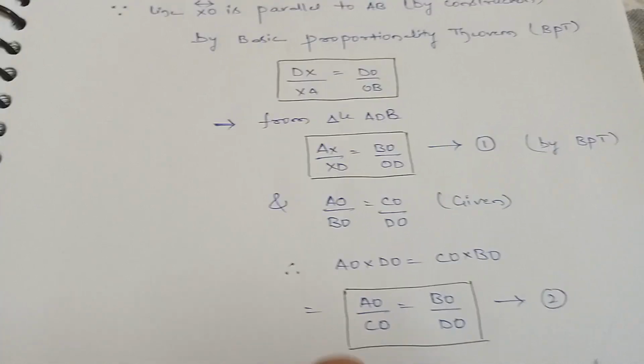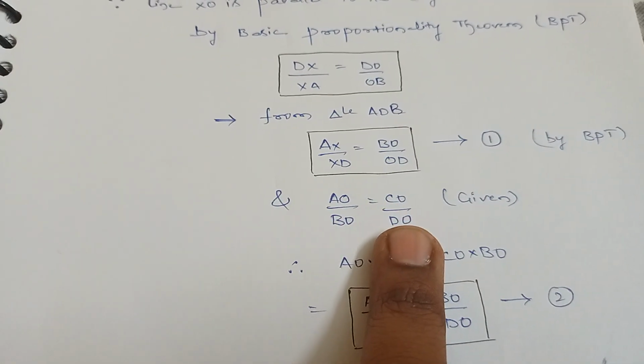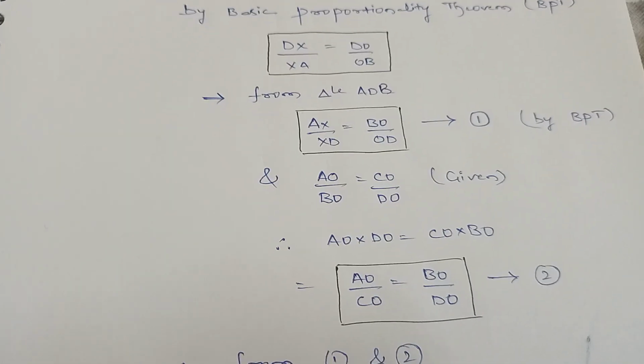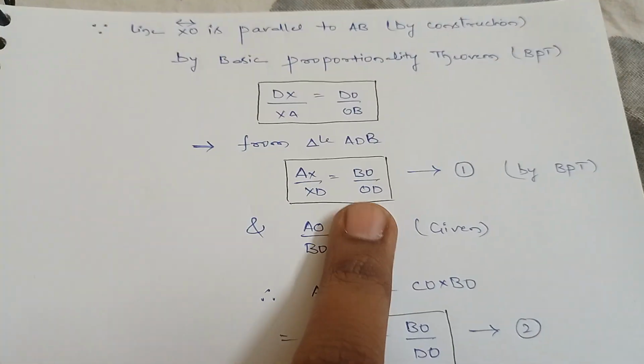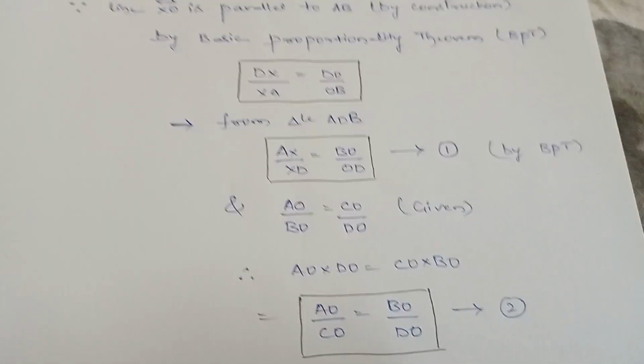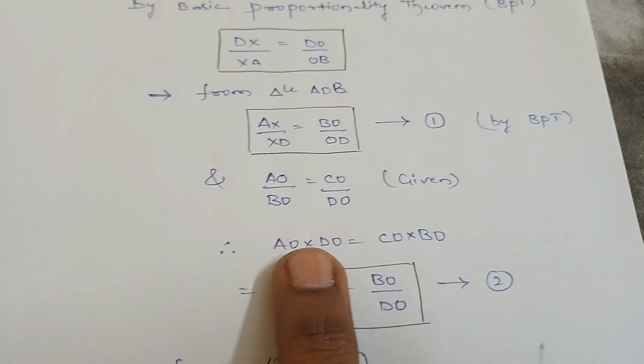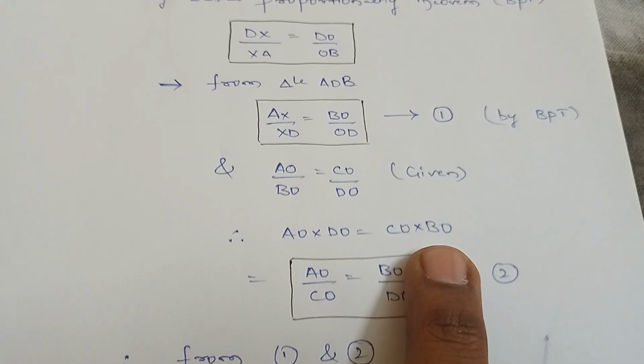Now in the given question, AO by BO equals CO by DO. Based on that we can take one more step. Do the cross multiplication: AO into DO equals CO into BO.